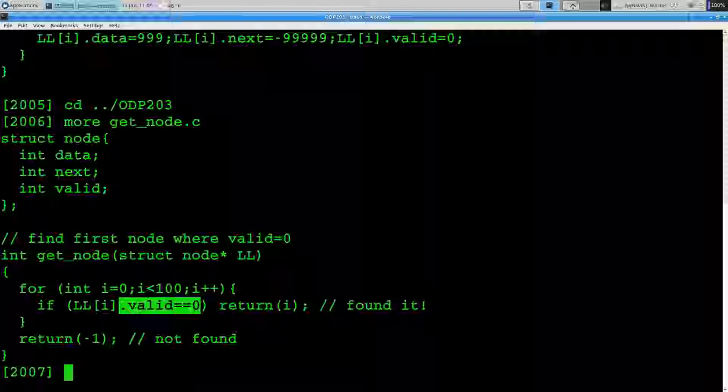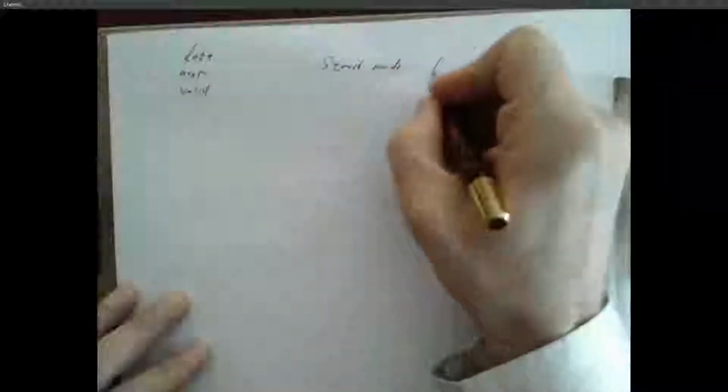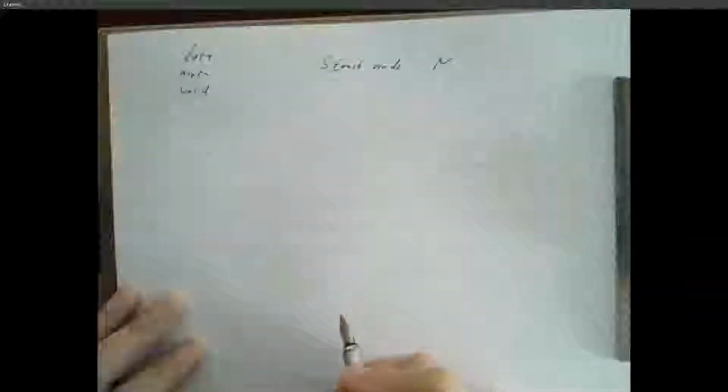So in this case, we've got data, next, and valid. So if we say something like struct node n, n will refer to this first field.